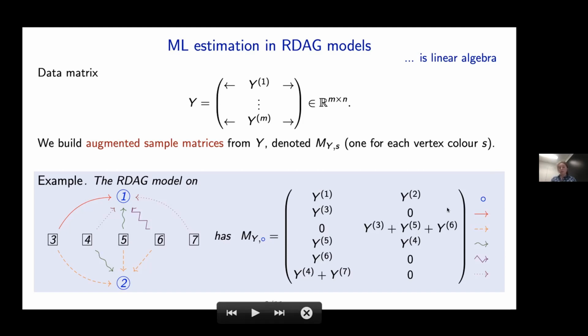So for example, for the red edge here, we look at vertex number 1, because this is Y1. It has a single red edge that comes from vertex 3. So that's why this is a Y3. But if we look at vertex 2, there are no red edges that have destination 2. So this is a 0 here. I hope that answers your question. Be happy to talk about it more. Yes, for the moment. Thanks a lot.